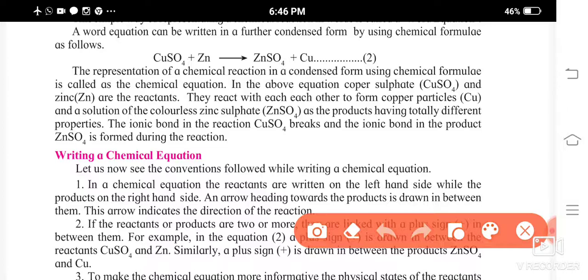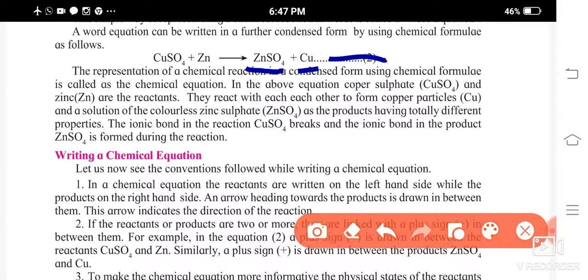So copper sulfate and zinc are the reactants, and on the right hand side we write the products. How many reactants are there in this reaction? CuSO4 plus zinc, isn't it? So two reactants, and they combine with each other to form zinc sulfate and copper.